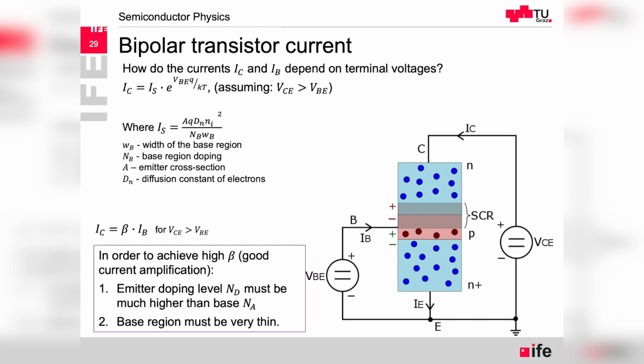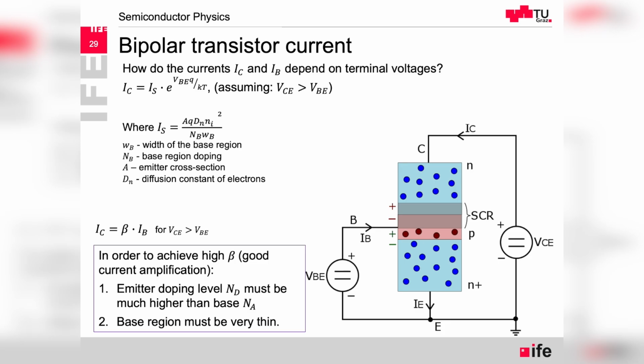So the expression of the collector current is IS, the saturation current, times the exponent of q over kT times the base-emitter voltage. So it's very similar to the equation of diodes, for large enough base-emitter voltages so that this exponent is higher than 1.